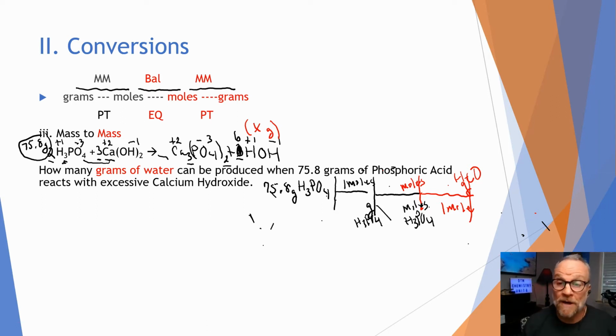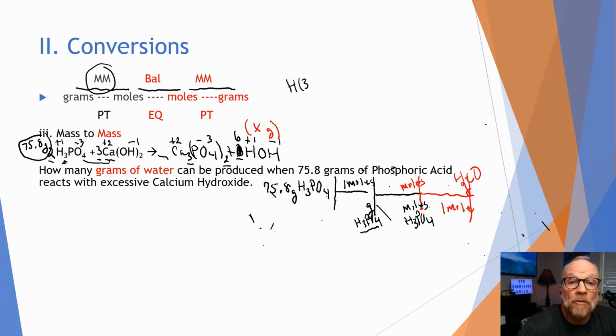And so now we just got to fill in our values. The first one is grams of H3PO4 per moles of the same. So whenever you go from grams to moles, you need the molar mass off the periodic table.